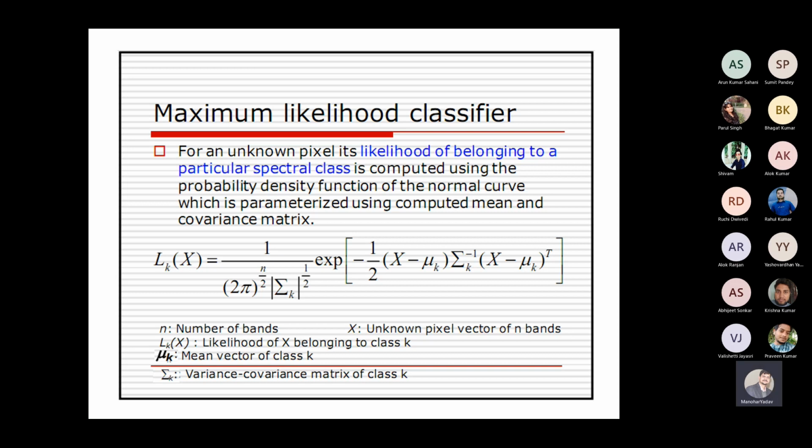So the likelihood of an unknown pixel x belonging to a class k is calculated as L_k(x).